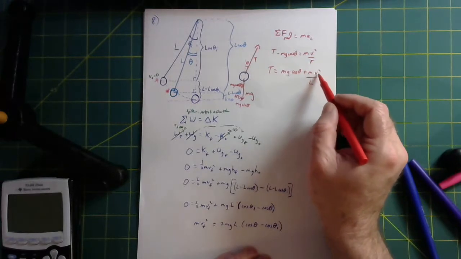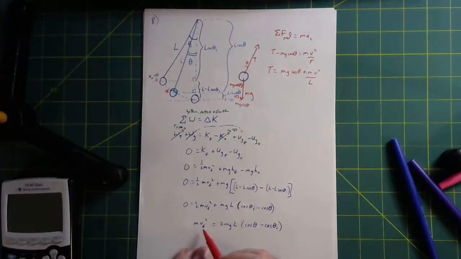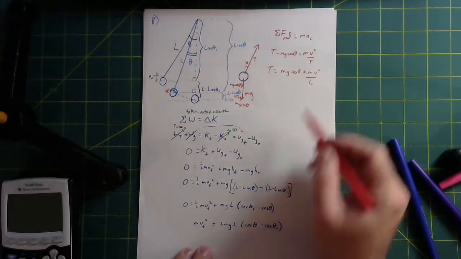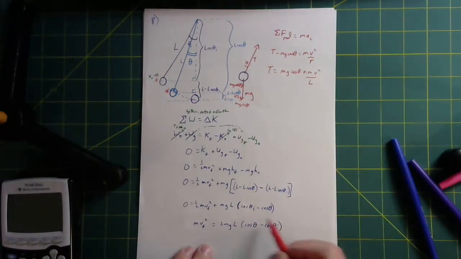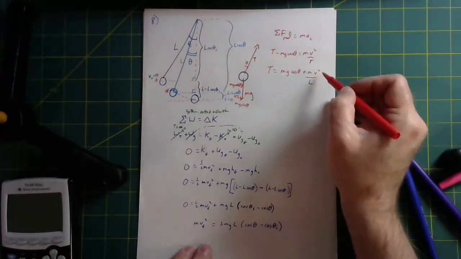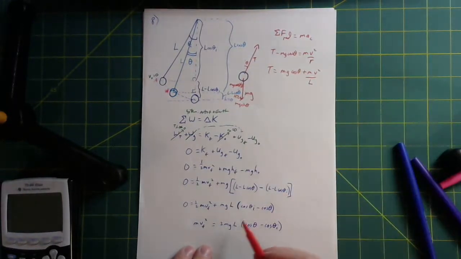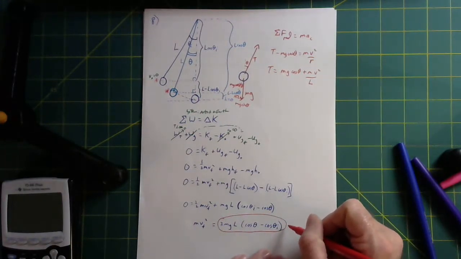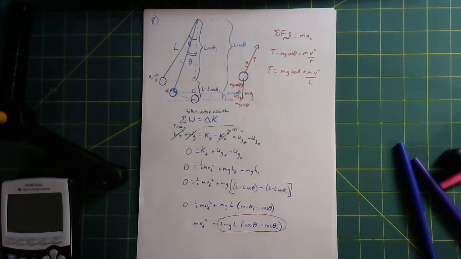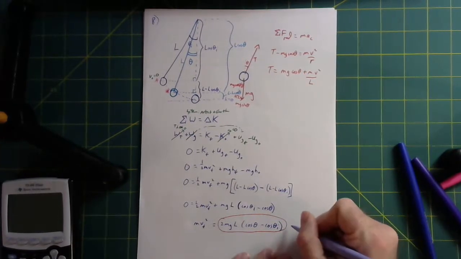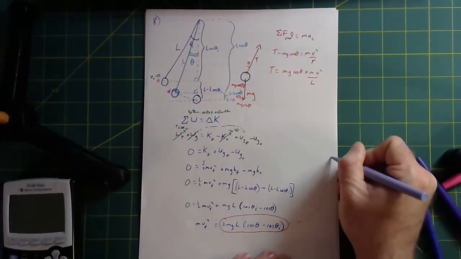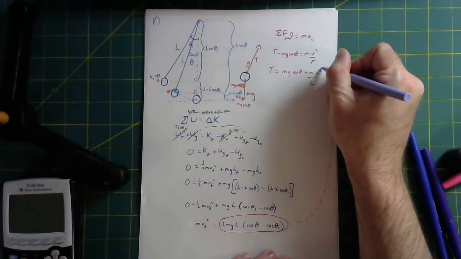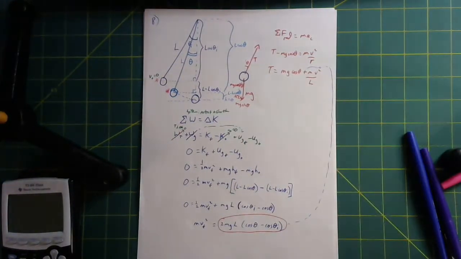See that mv squared? This term here is going to stick in where it said mv squared there. I know I could have factored out the m and just substituted in for the v squared, but anyway, this is going to plug into this.